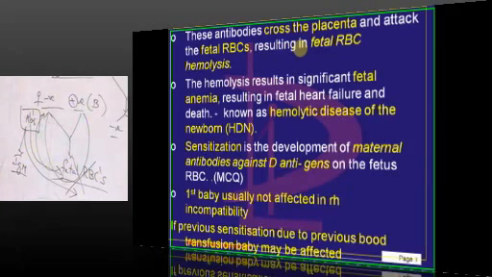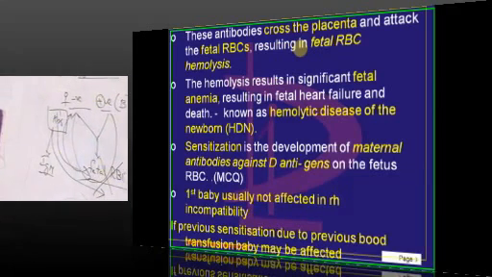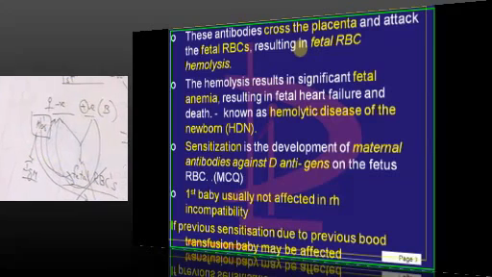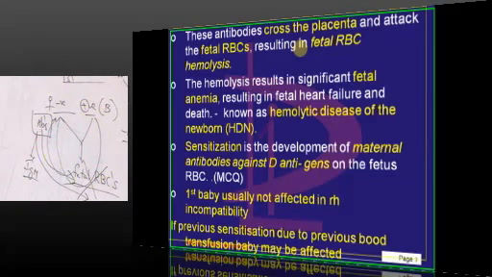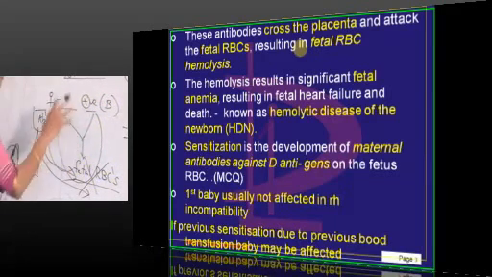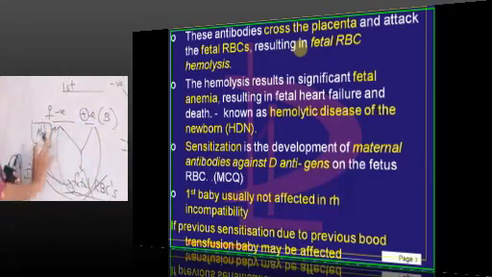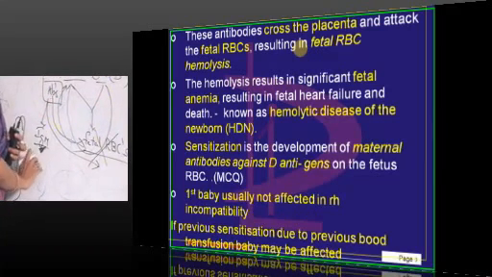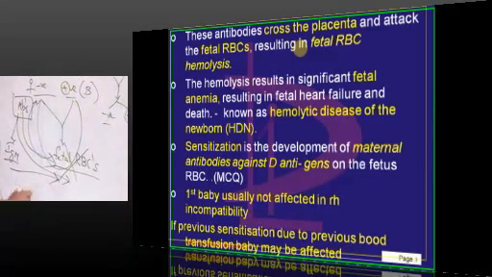But the very important thing is that IgM is not going to cross the placenta. Which is going to cross, IgG or IgM? IgM will not cross the placenta. So even though antibodies are there in the first pregnancy, the mother produces IgM because it is acute, and this will not go to the fetus.